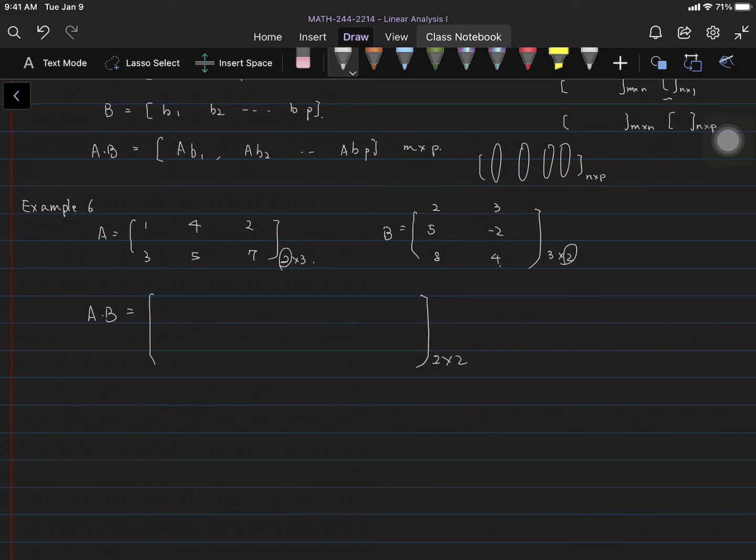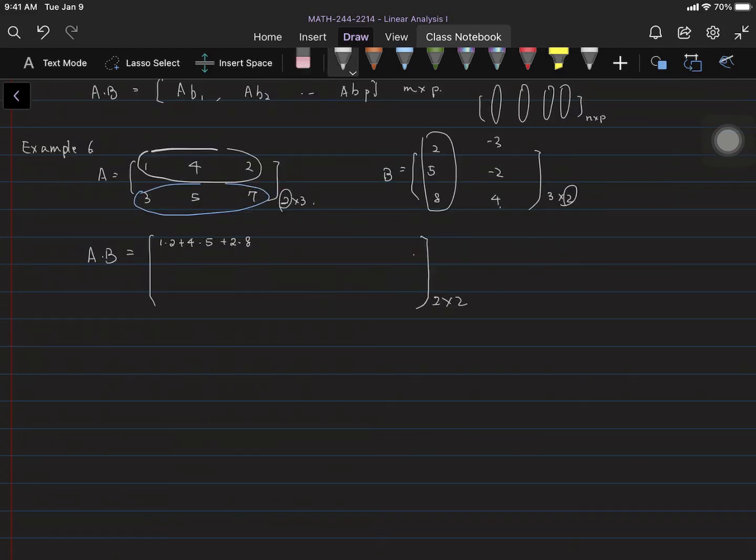Right now, look at B as made of 2 column vectors, 1 and 2, and then we use matrix A times B. For the first position, A11, we use the first row in A times the first column. Let's write down this number: 1 times 2, 4 times 5, 2 times 8.